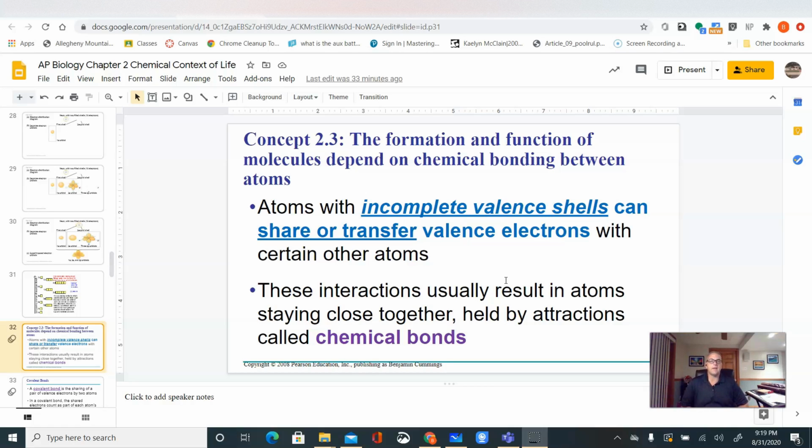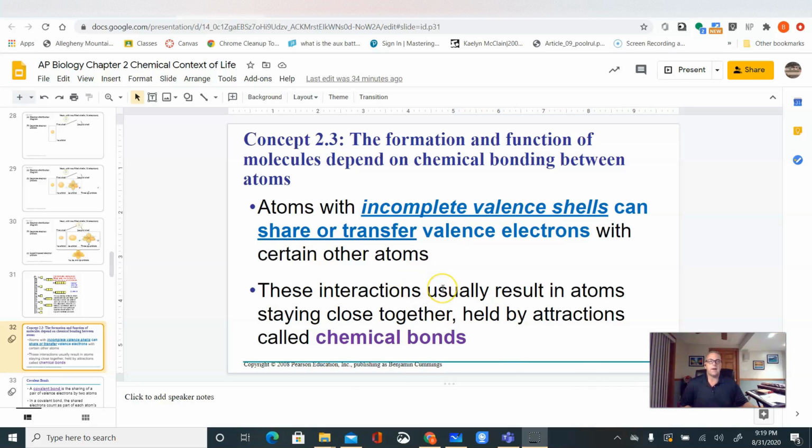They're either going to be gained from another atom, lost to another atom, or they're going to end up sharing electrons with another atom. So they're either going to be some type of a transfer or some type of a share.